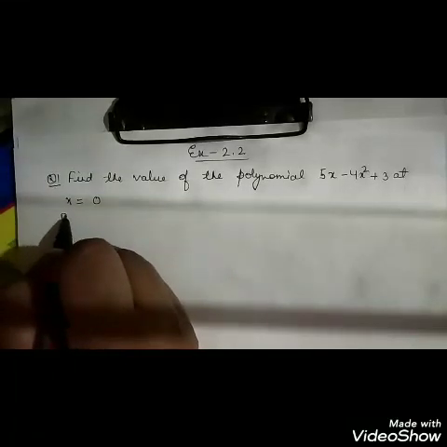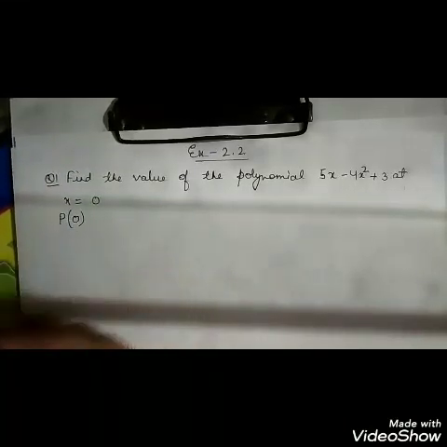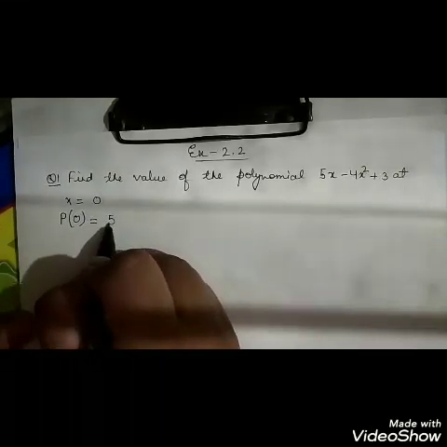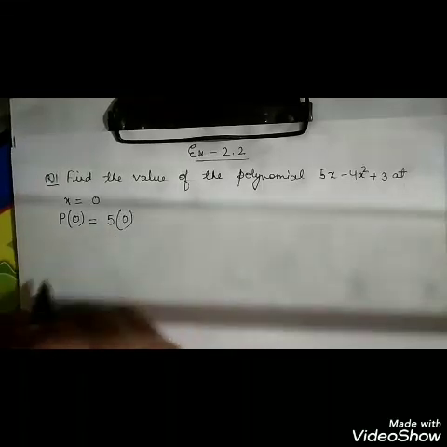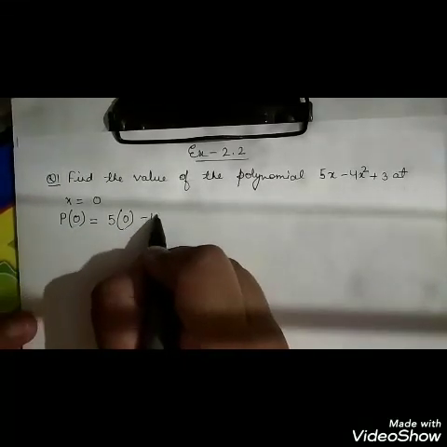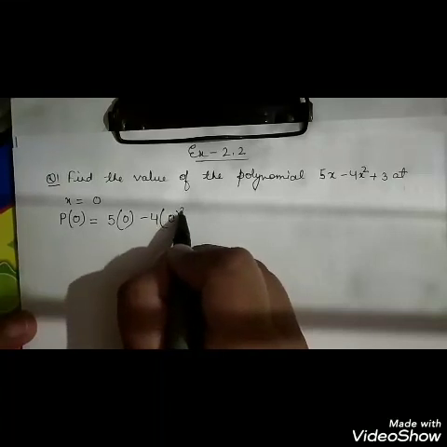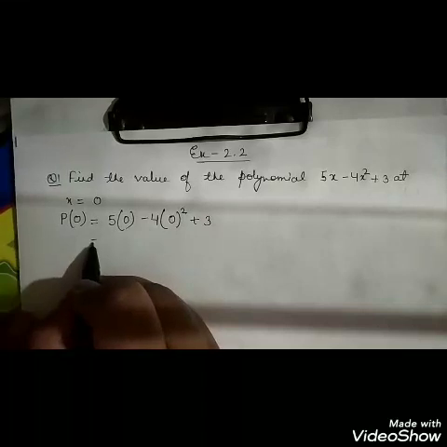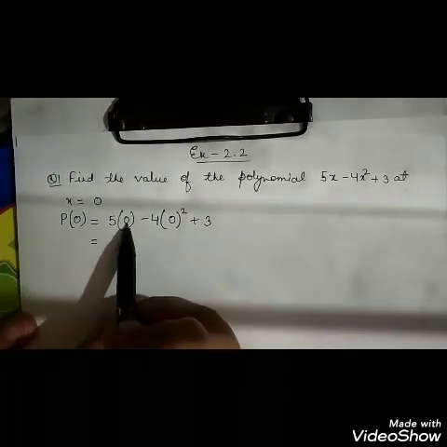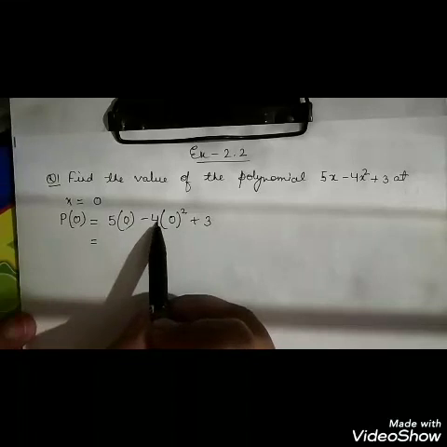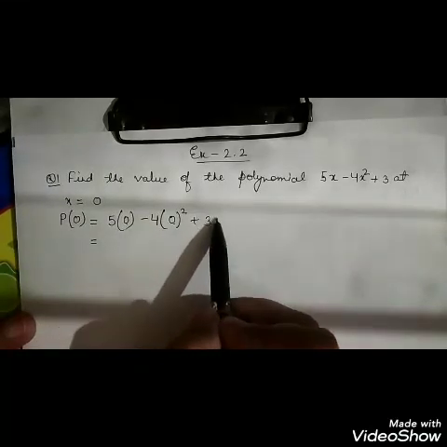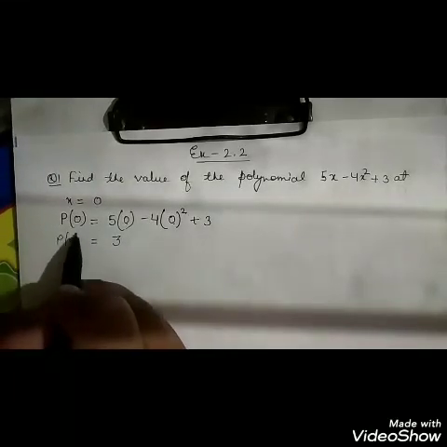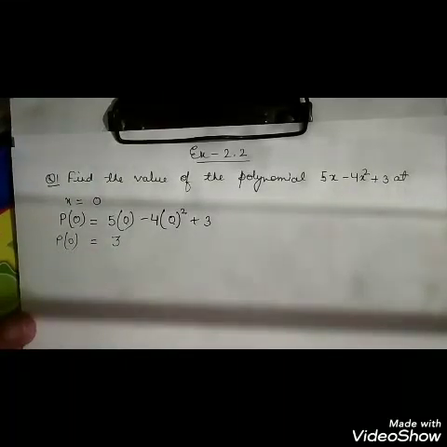So we will denote it as p(0) = 5 × 0 - 4 × 0² + 3, that is equal to 5 multiplied by 0 is 0, 4 multiplied by 0 is 0, 3 remains. So p(0) = 3.